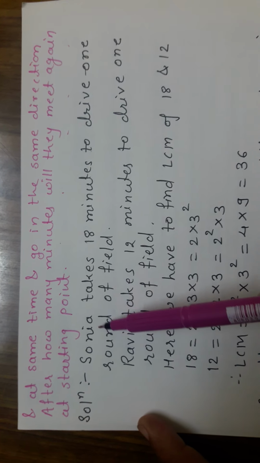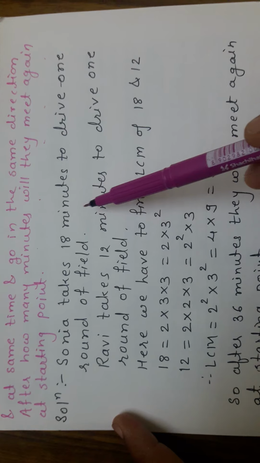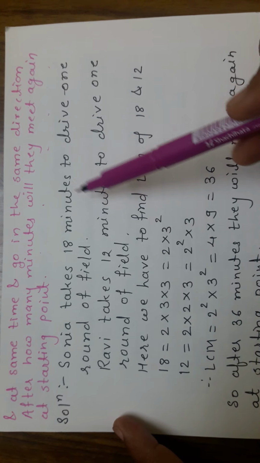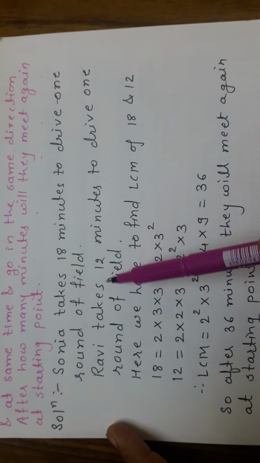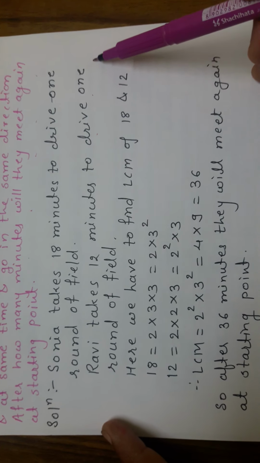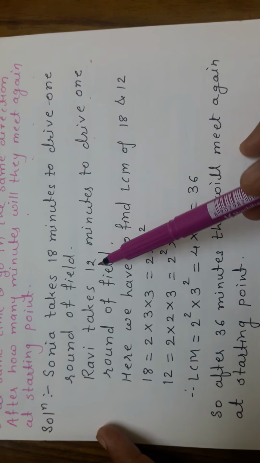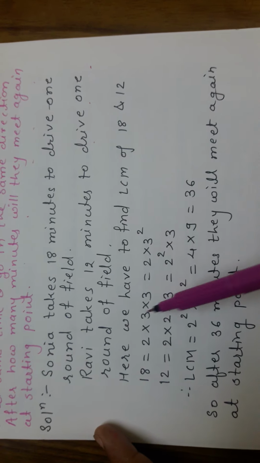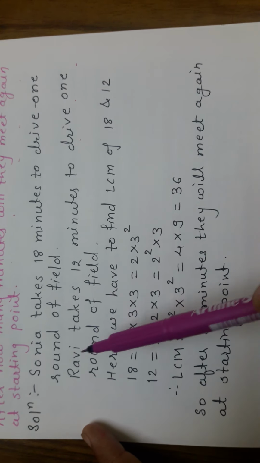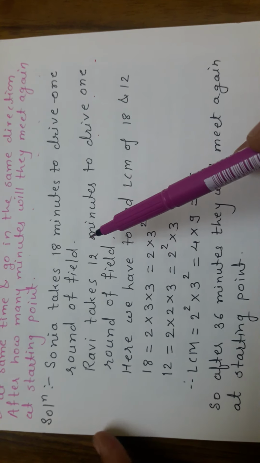Sonia takes 18 minutes for one round; for 2 rounds, 36 minutes; 3 rounds, 54 minutes, likewise. Ravi takes 12 minutes for one round; 2 rounds, 24 minutes. Here we have to find after how many minutes they meet again at the starting point.